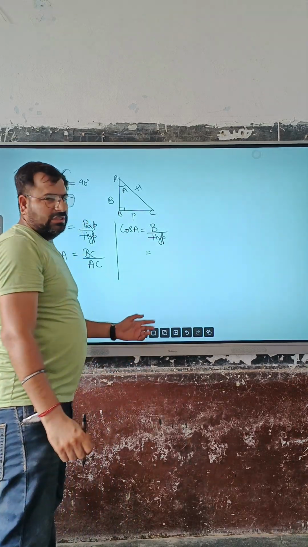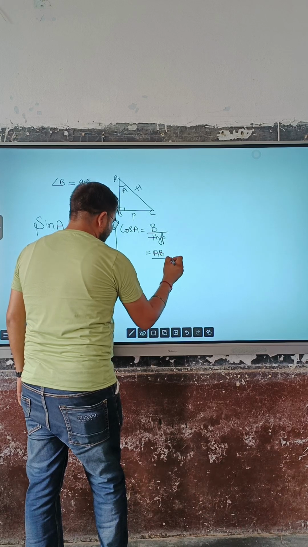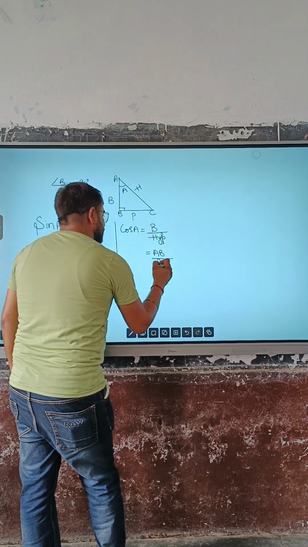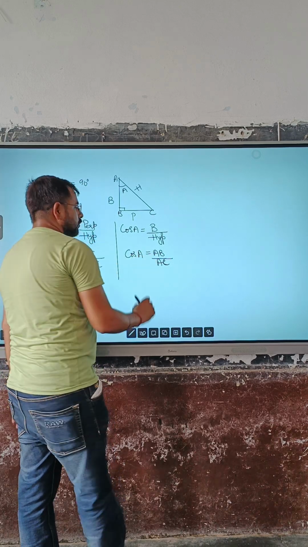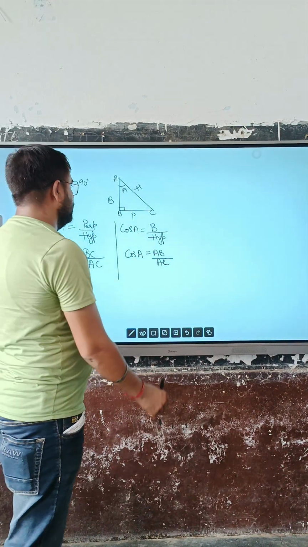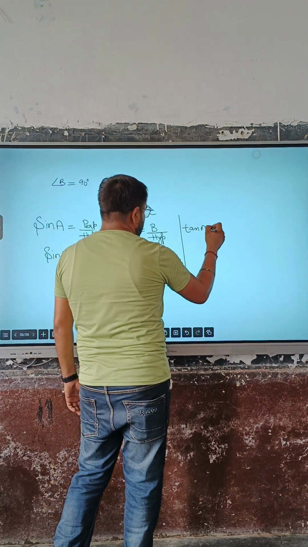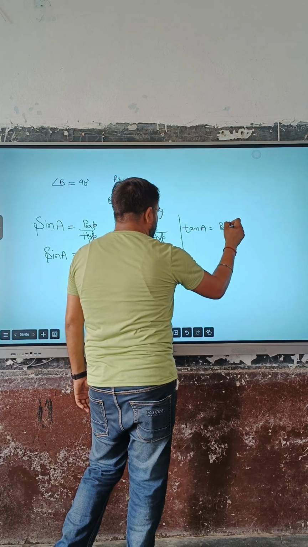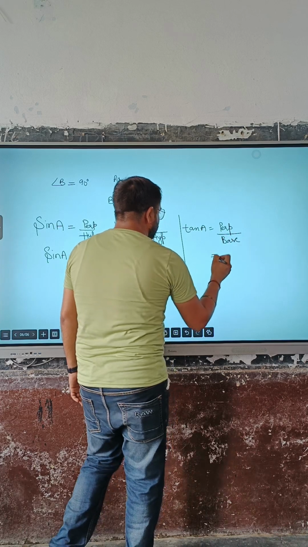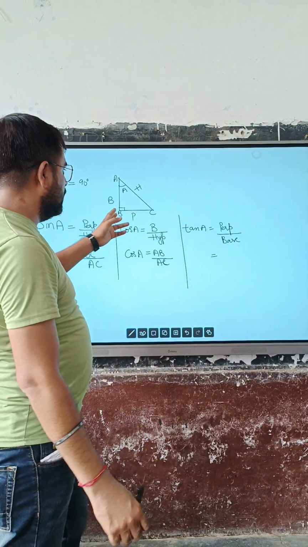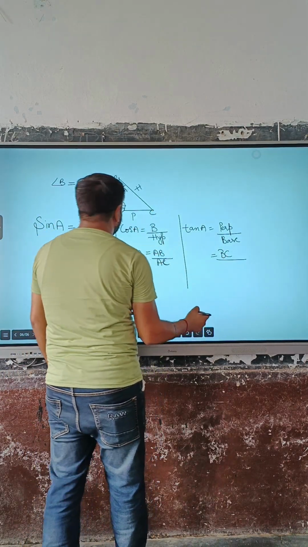Base is AB and hypotenuse is AC, so cos of angle A is equal to AB over AC. Next, tan of angle A is perpendicular over base. According to angle A, perpendicular is BC and base is AB.